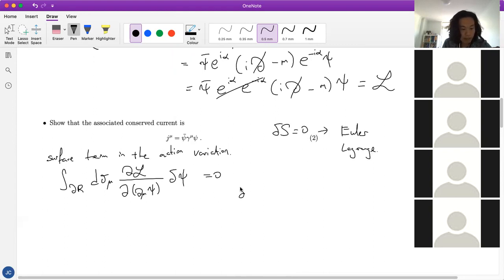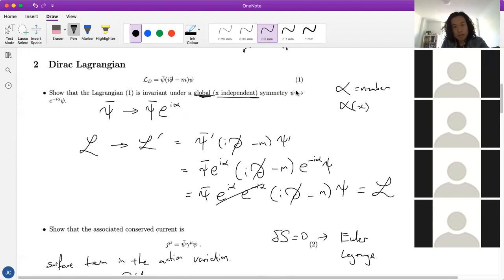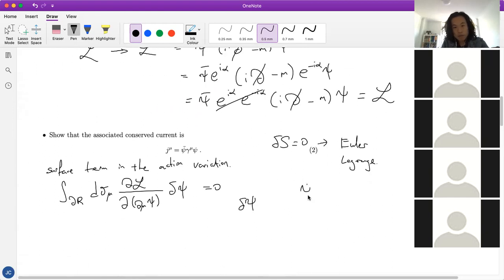So let's say δψ is the variation in the transformation. So in this case, our transformation was ψ going to e to the minus iα ψ. So if I take this as an infinitesimal, Taylor expand this to get the infinitesimal transformation, then I'm going to get 1 minus iα ψ.